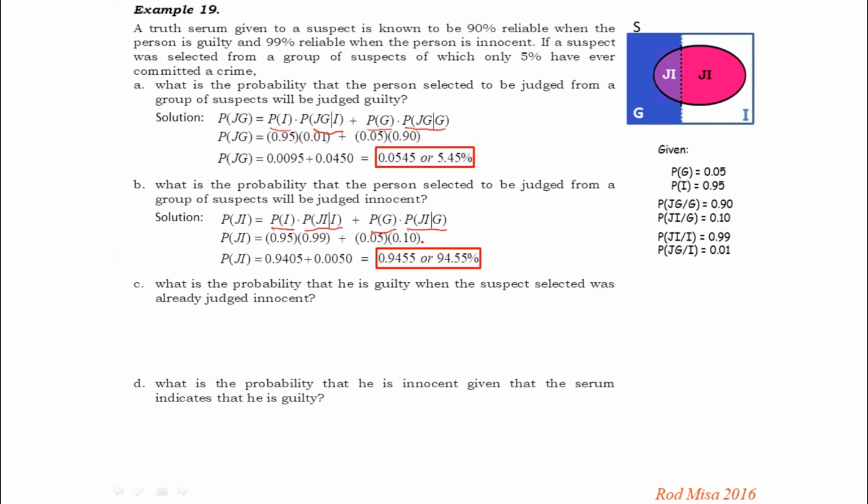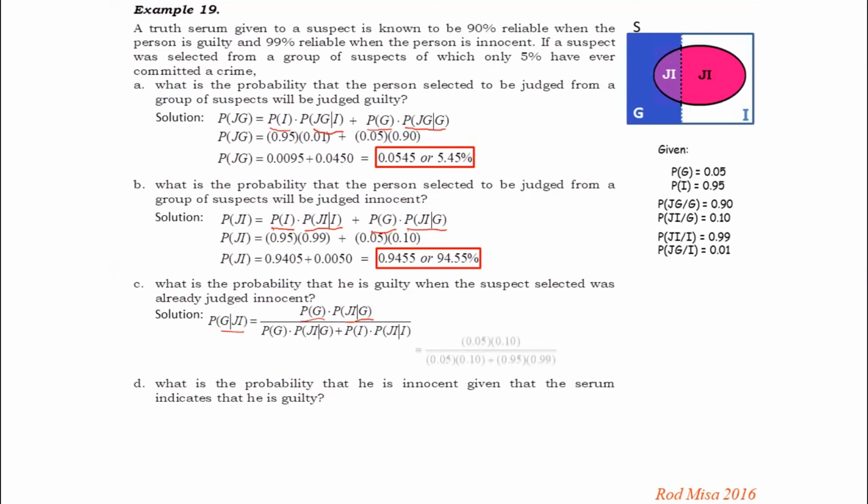Now let's proceed to the third question here. What is the probability that he is guilty when the suspect selected was already judged innocent? So solving this question is to apply the Bayes rule here, which is the probability that the suspect is guilty given that he is already judged as innocent. And this is equal to the probability that he is guilty times the probability that he was judged as innocent given that he is really guilty of the crime, divided by the total probability for judging the suspect as innocent, which we solved already in the second question.